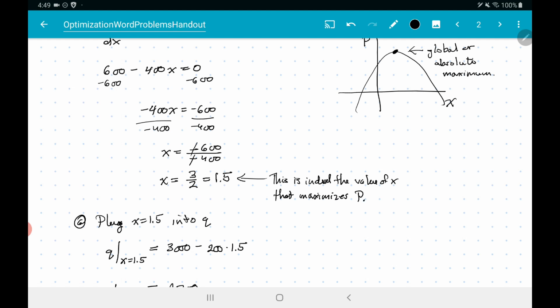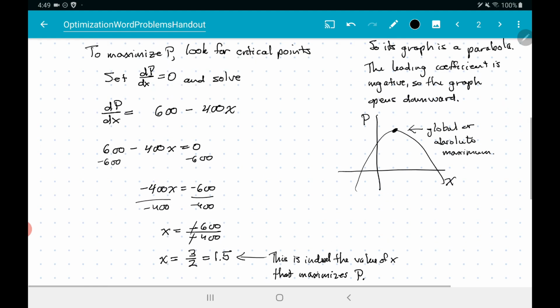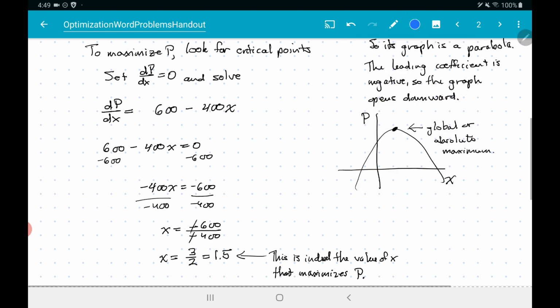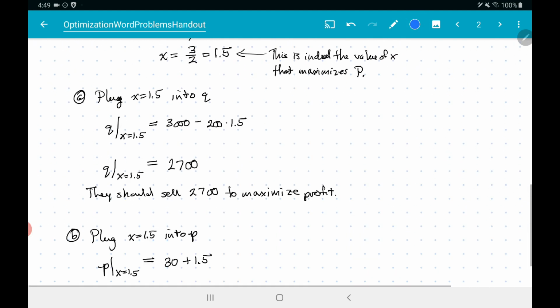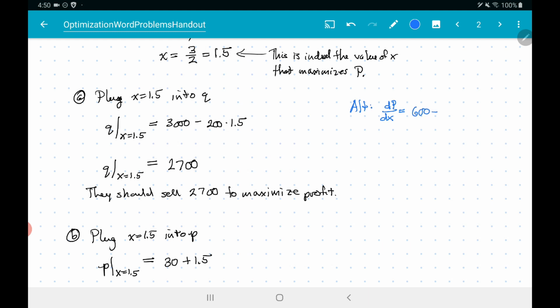Another way to tell that's basically the same information is to remember that we have a second derivative test. dP/dx we found to be 600 minus 400x.